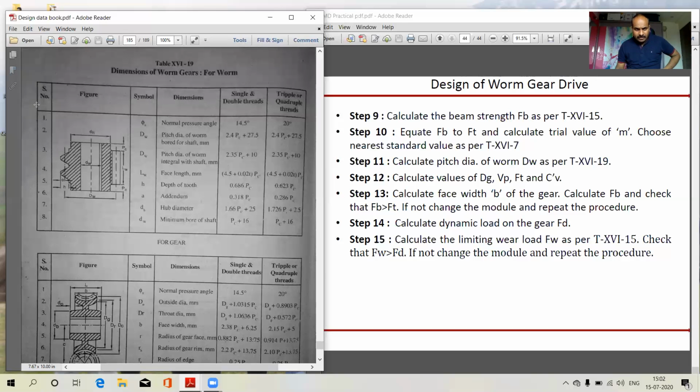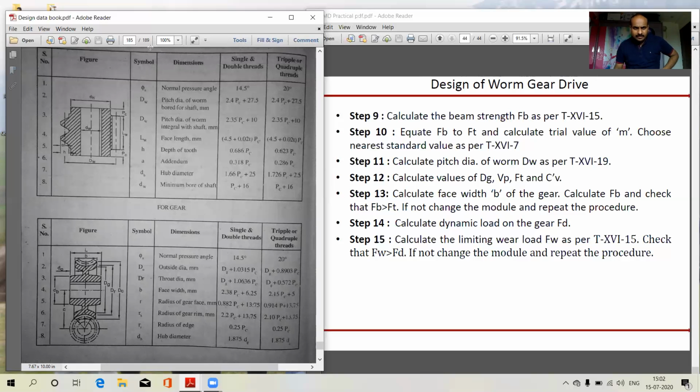If you see on page number 178, all the values, normal pressure angle, pitch diameter of worm, everything will be calculated with the help of PC, that PC you got from equating the FB with FT. Accordingly, whatever is asked in the problem, you can calculate from these two tables.